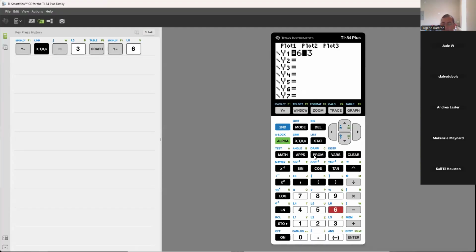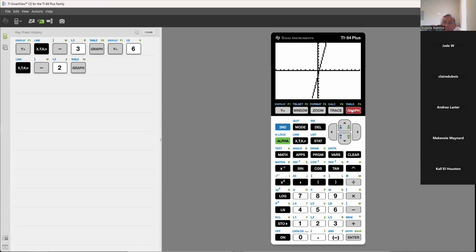And this was 6x minus 2. I'm just wanting to look at the graph. Well, y'all, once again, it's a straight line, and look at that. You can do horizontal lines all up and down that, but they will be 1 to 1, okay? So yes, it's 1 to 1.